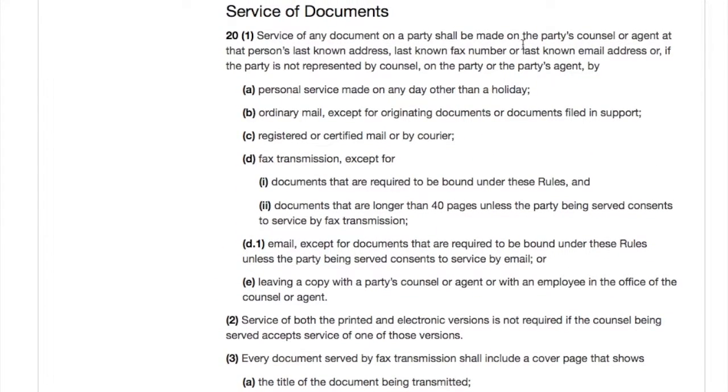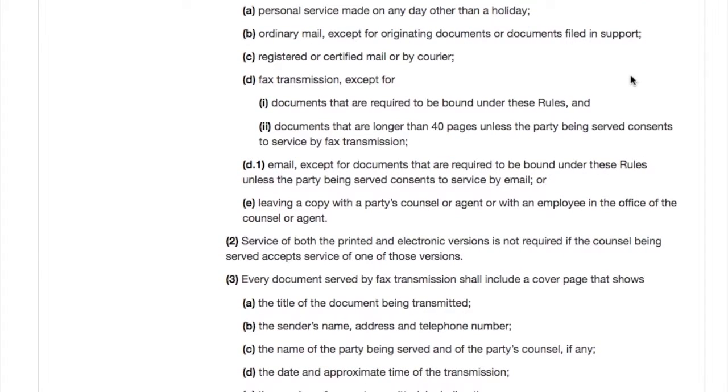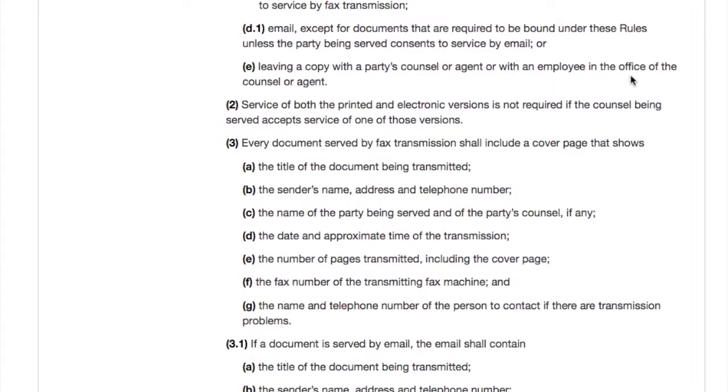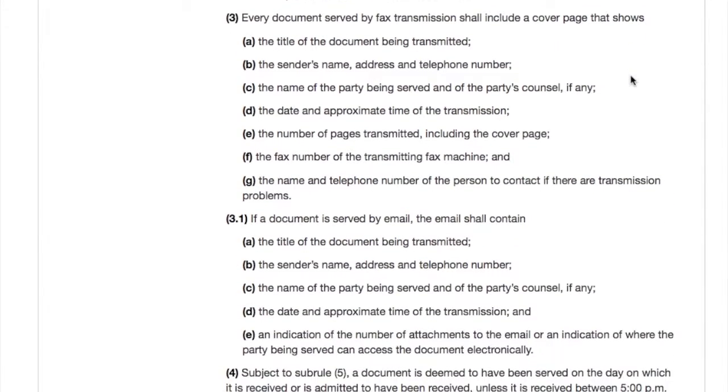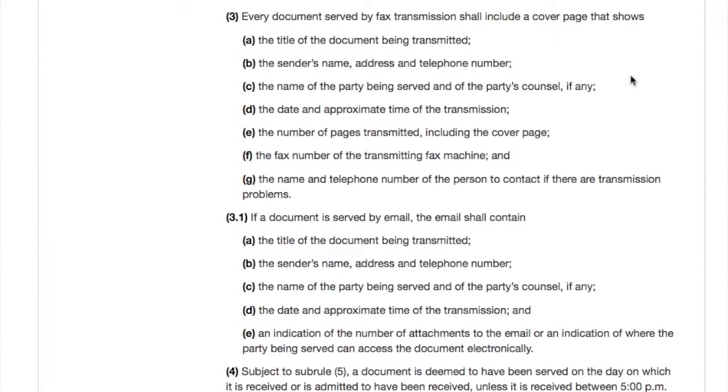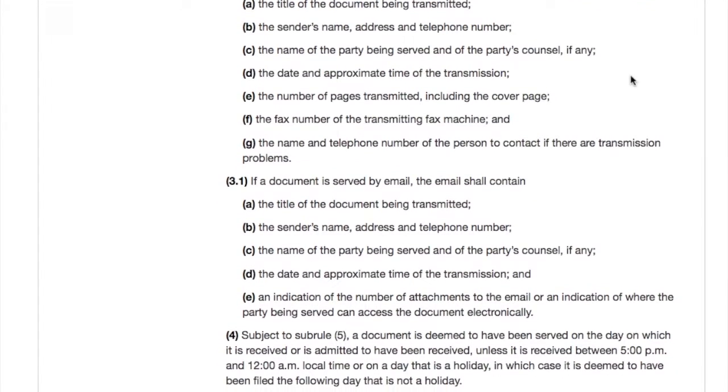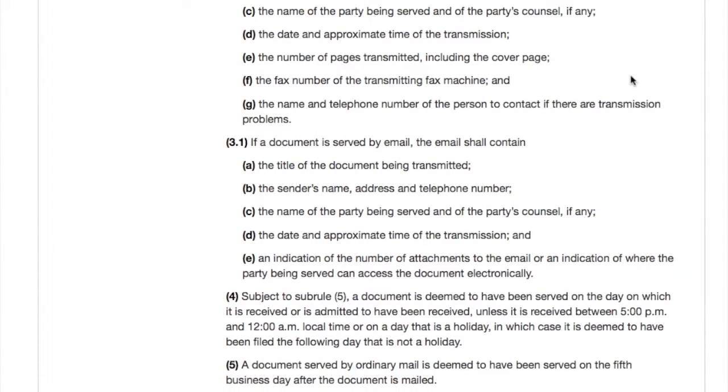And mine is bound not in your typical Surlocks, I think it's called Surlocks, the little spiral binding that you see on some notebooks. You know, that's a favorite for most lawyers to be binding.